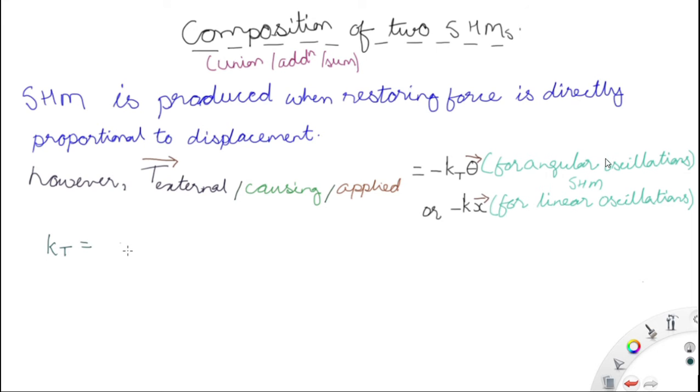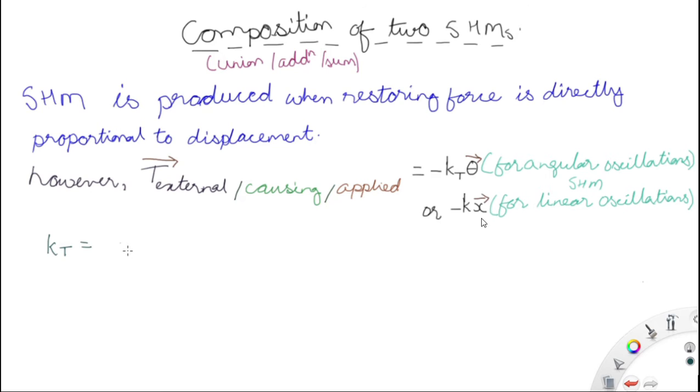Now this is the expression for angular oscillation, which is simple harmonic. For linear oscillations or linear vibrations that are simple harmonic, the force is equal to minus of k into x, where k is the spring constant or stiffness constant, and x is the displacement.